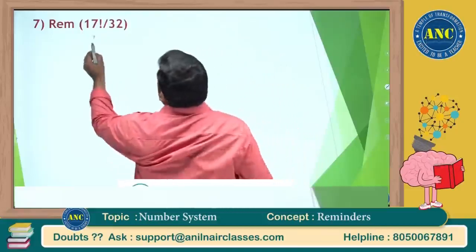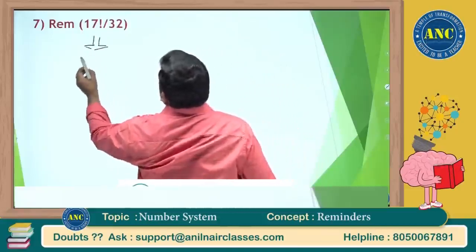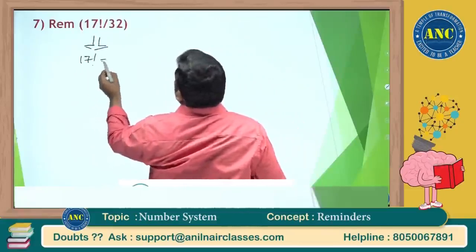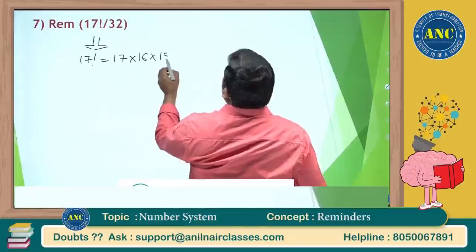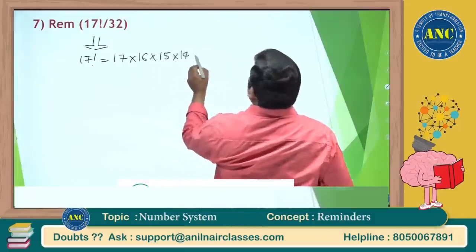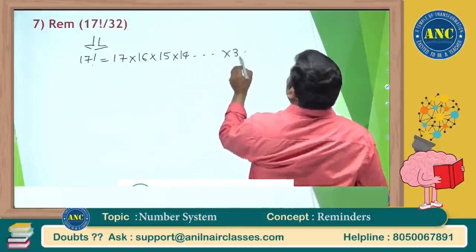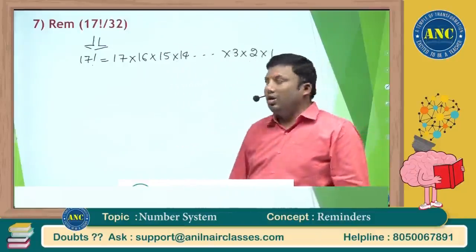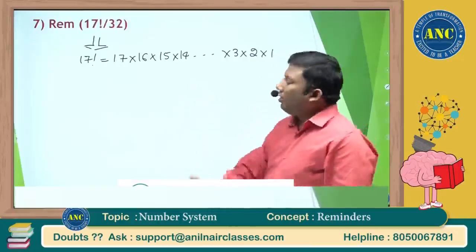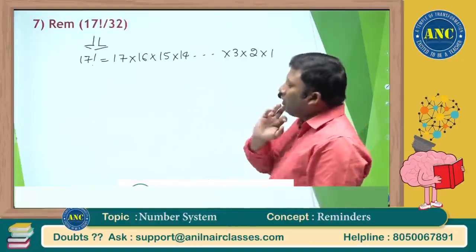Remainder when 17 factorial is divided by 32. 17 factorial is nothing but 17 into 16 into 15 into 14 and so on up to 3 into 2 into 1. The definition of a factorial is the product of all the natural numbers from n to 1.